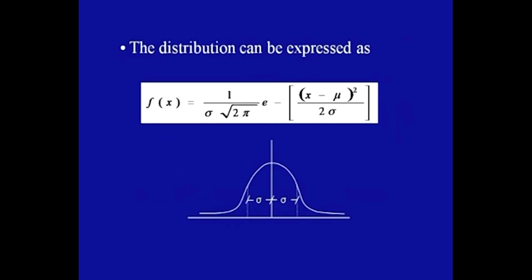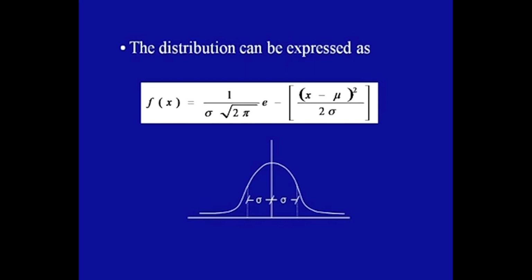This distribution can be expressed by this relationship, that is f(x), the frequency of a particular value x, can be expressed as 1 divided by sigma multiplied by square root of 2 pi, times exponential raised to the power minus (x minus mu) whole square divided by 2 sigma square, where sigma is the standard deviation and mu is the mean value. These parameters will be discussed later.